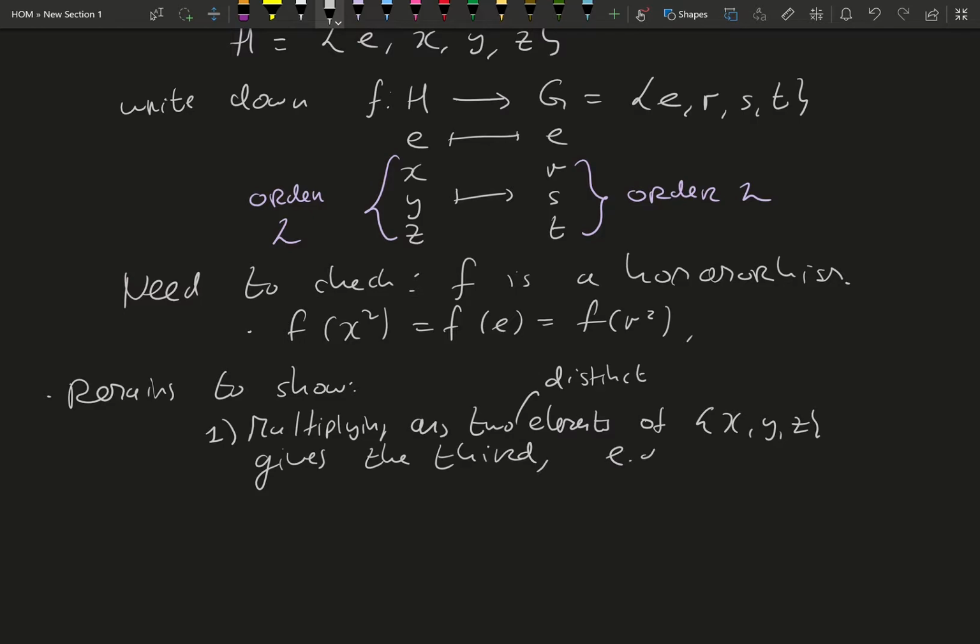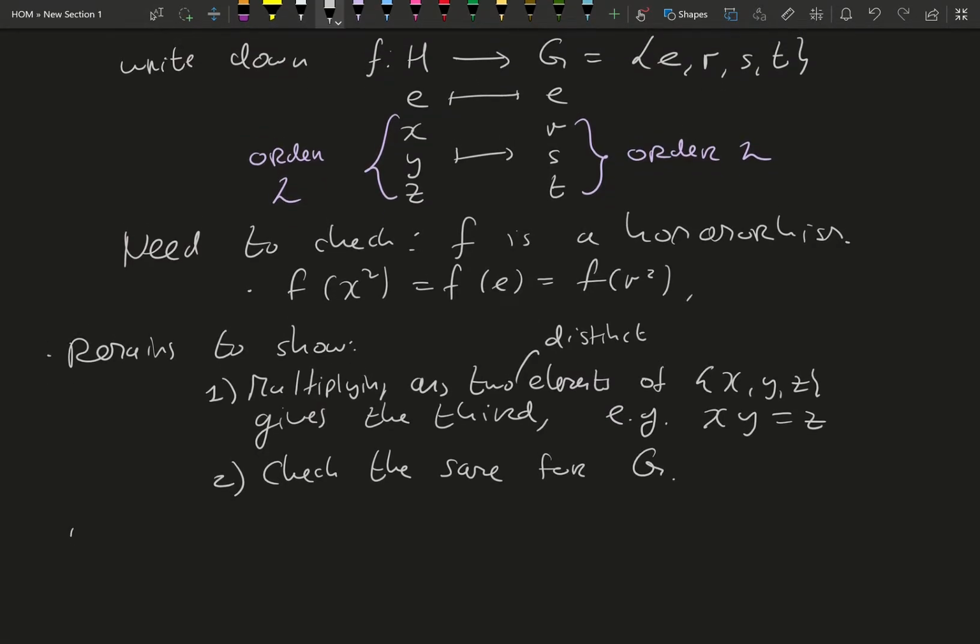So for example, X times Y needs to be Z. And two is to check the same for G. Okay, so let's show one.